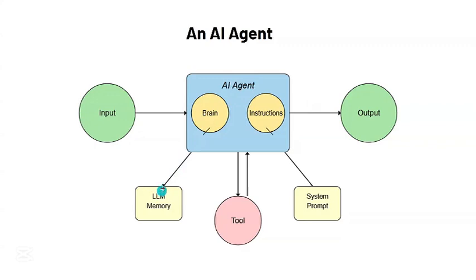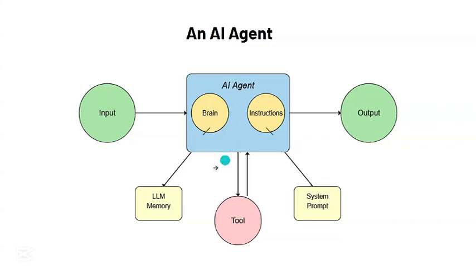Now you know about all the large language models, so it can be ChatGPT or Claude, whatever. If you are using a large language model like ChatGPT, you can give the input and it will use the brain to process your prompt and give you the output.